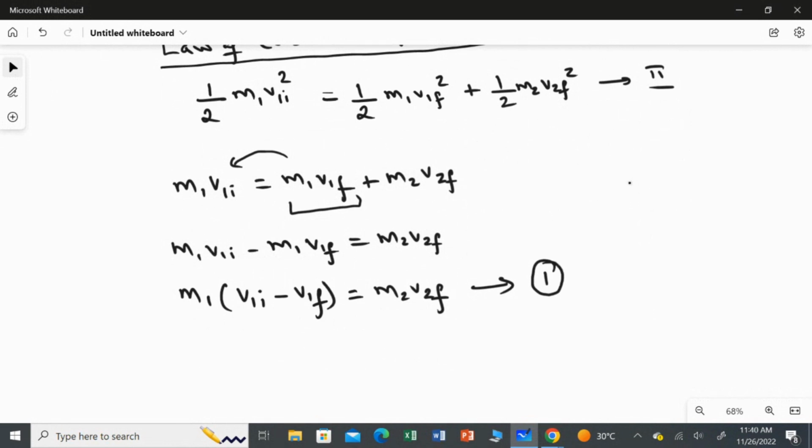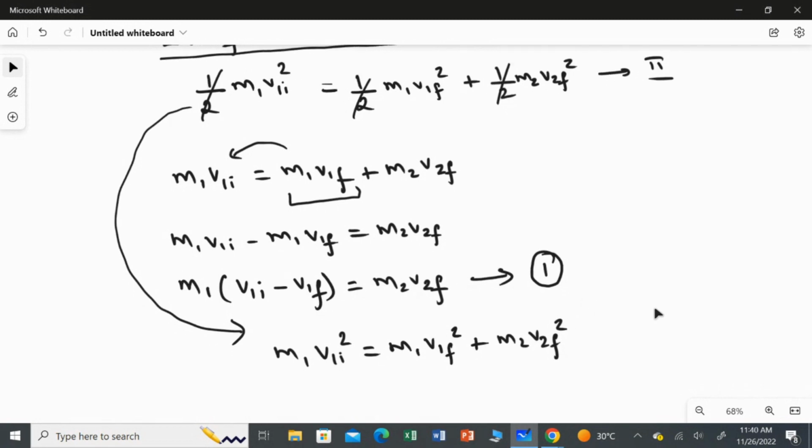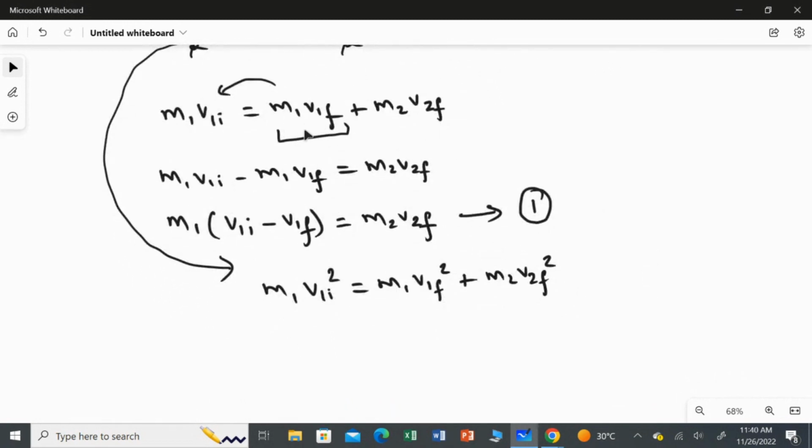Likewise, I have to write the same thing for the kinetic energy. If you see the kinetic energy, we can cancel the half on both the left hand side and the right hand side. So we will get M1 V1 initial square, which is equal to M1 V1 final square plus M2 V2 final square. Again, as we did for the linear momentum equation, I am going to move this term to the left hand side.